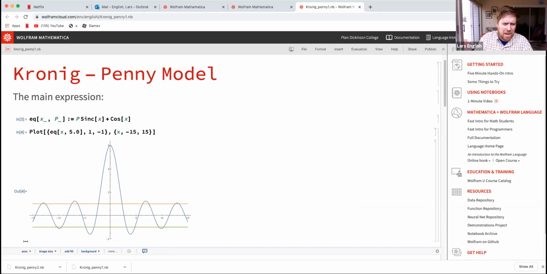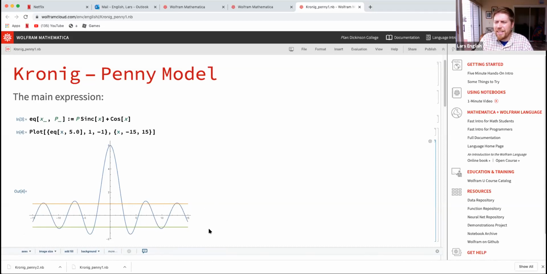So I'm plotting that. The function has a global maximum here at x equal to 0, and then it oscillates here. But I've also highlighted the horizontal lines corresponding to a y value of 1 and a y value of -1.